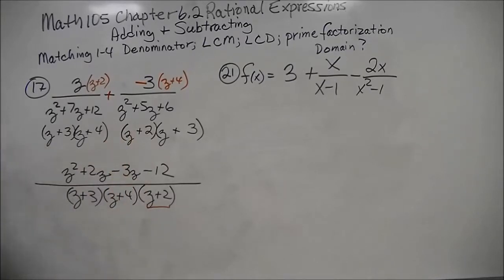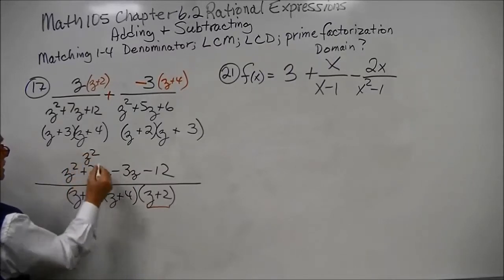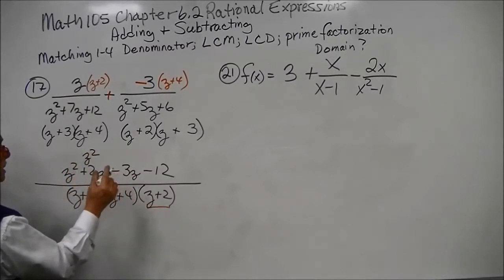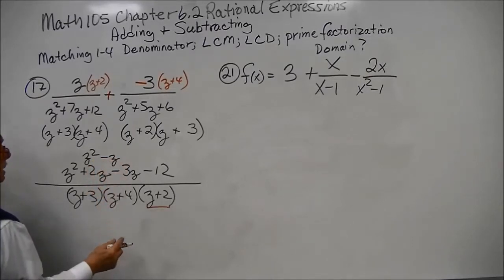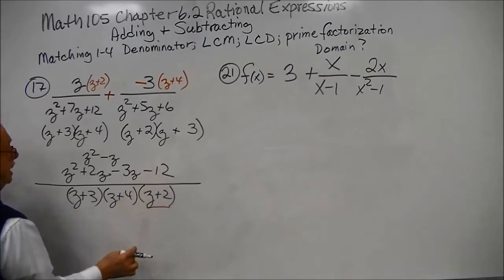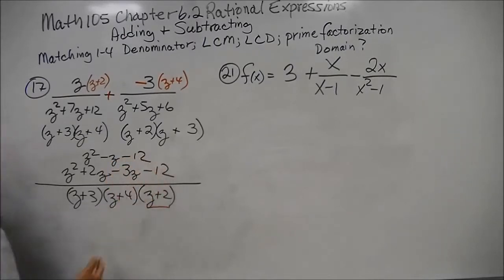And that looks good. Now we're going to group like terms here. This is going to become a z squared. This is going to become a negative z. And then this is going to become a plus or negative 12. Or it stays that.